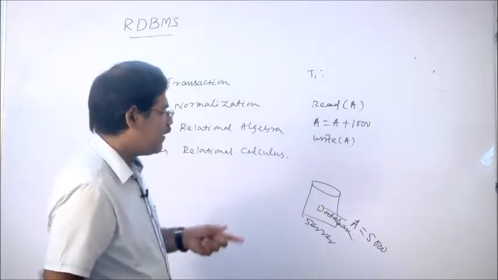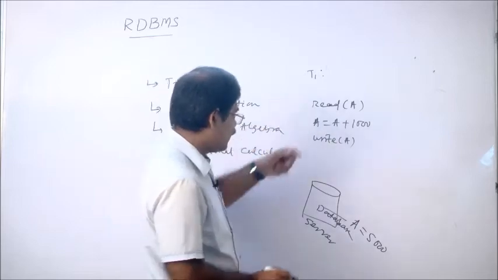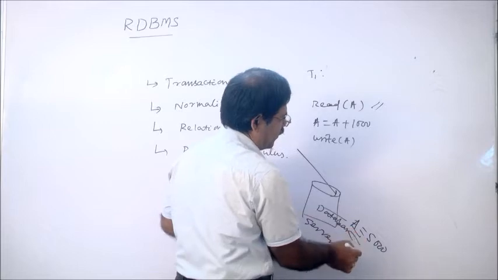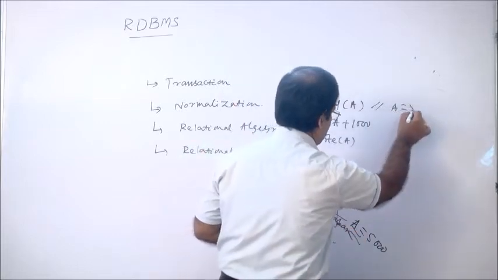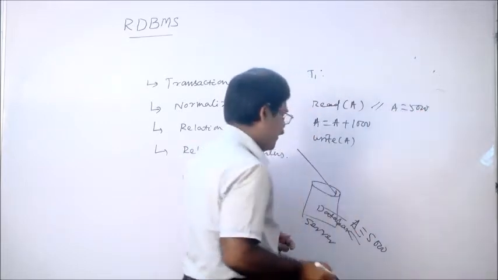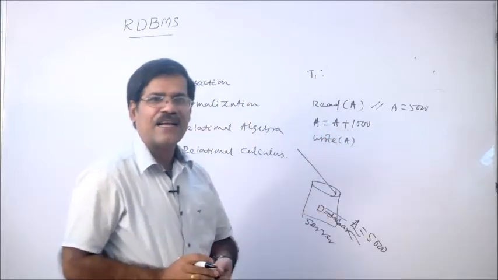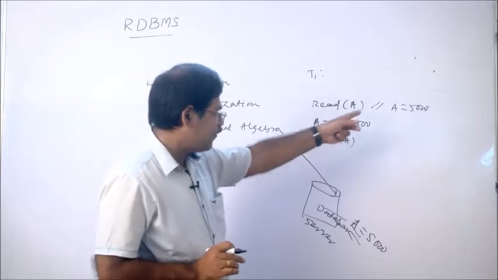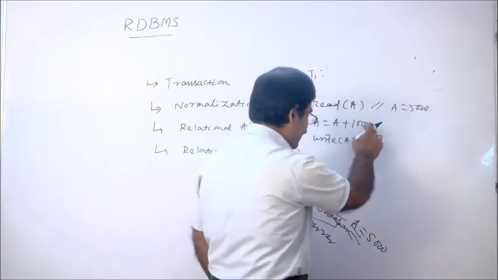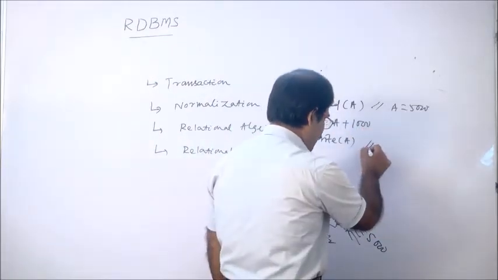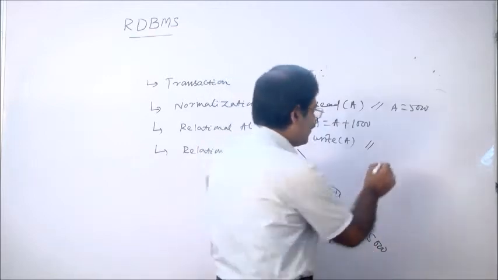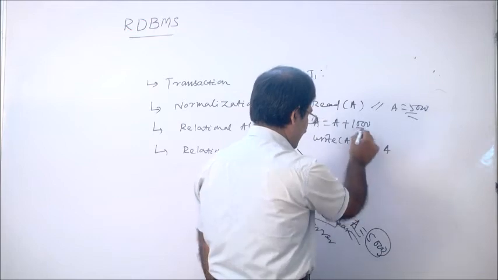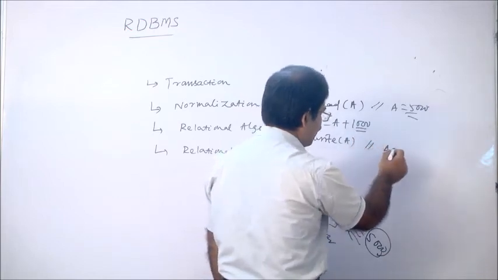So, what value will be read when the read operation is executed? The value is now A equals 5000. Then 1000 added means you deposit 1000 in your account. Initially it is 5000, and 1000 is added, so the updated value will be 6000.